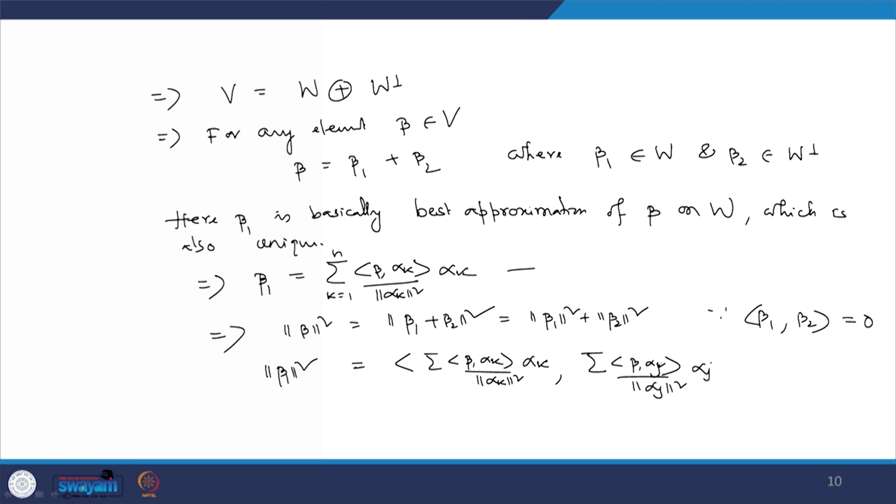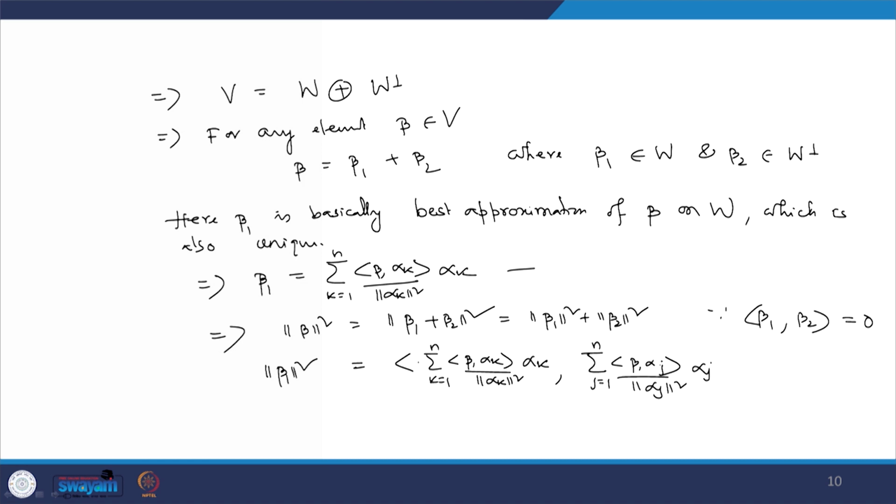For the sake of simplicity I have changed the suffix, so that it will not confuse us. So, j equal to 1 to n, k equal to 1 to n.